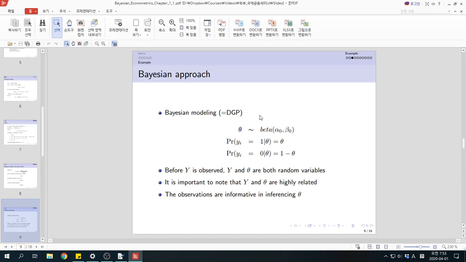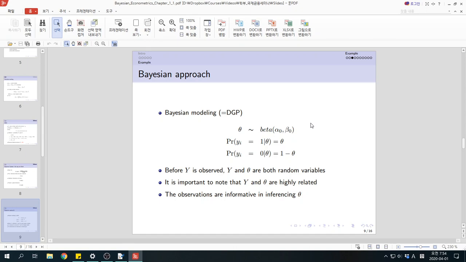Theta is first generated from this distribution, then given this realized theta, yi is determined. Theta is not necessarily 1/2, because not all coins are fair. The probability of 1 could be much higher or lower than 0.5. This is how we interpret the model from the Bayesian perspective.